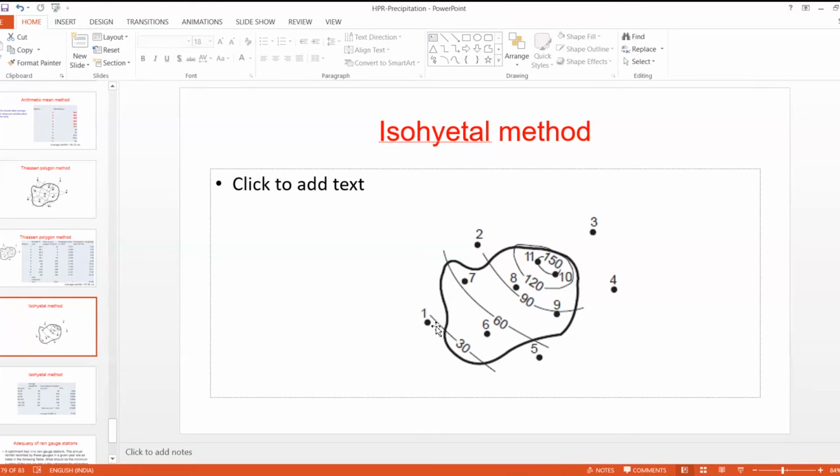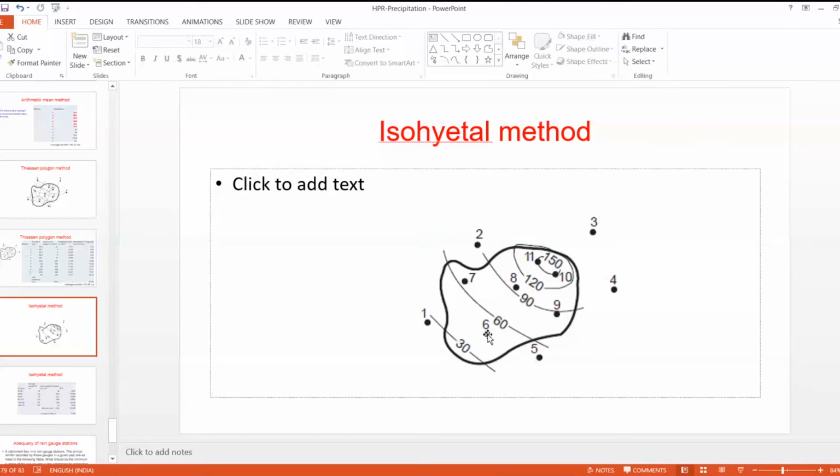Then in between we have to draw points representing 99, 98, 97, 96, like that, because here it is 90, here it is 100. So we have to interpolate the rainfall between these two points by a suitable interval. In this example, for explaining purpose I have taken a 1 centimeter interval, so we can write 91, 92, 93, 94, 95 at equal intervals.